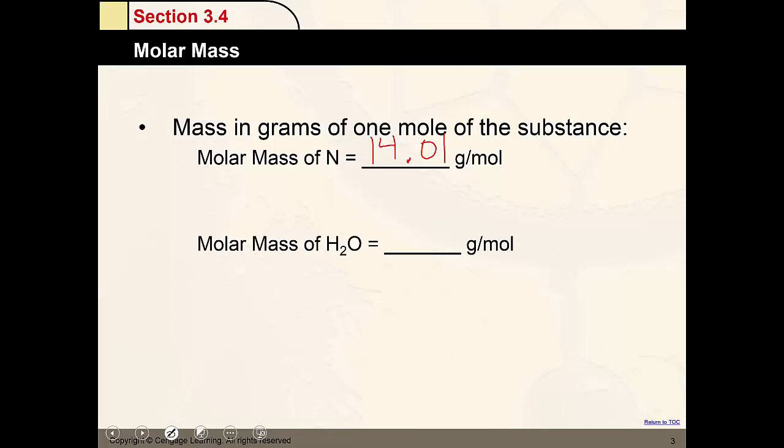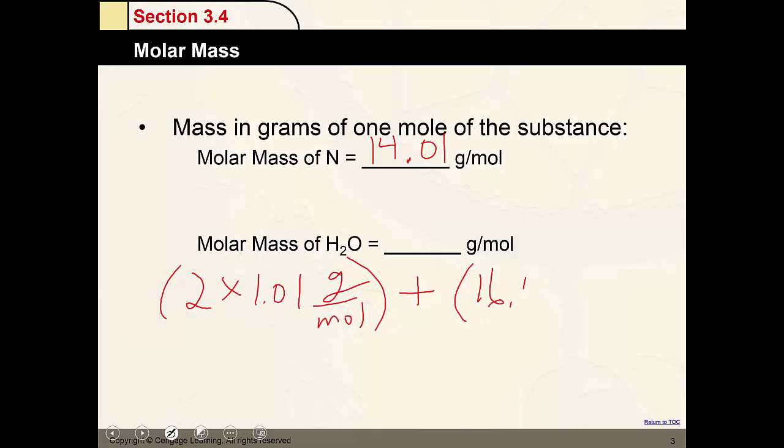However, we can do the same thing for compounds, but we just have to add those individual molar masses together. Okay, so H2O, that means there's 2 hydrogen atoms, so we have to multiply 2 by the mass of hydrogen. And the mass of hydrogen on your periodic table is 1.01 grams per mole for hydrogen, and then we have to add that to the molar mass of oxygen.